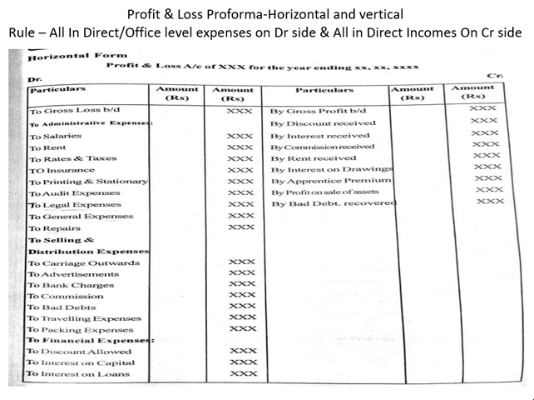The rule is: write all the indirect or office level expenses on the debit side and write all indirect incomes on the credit side. Let us see the horizontal pro forma. It will be very easy. Firstly make a table, and write the debit side on the left and the credit side on the right.